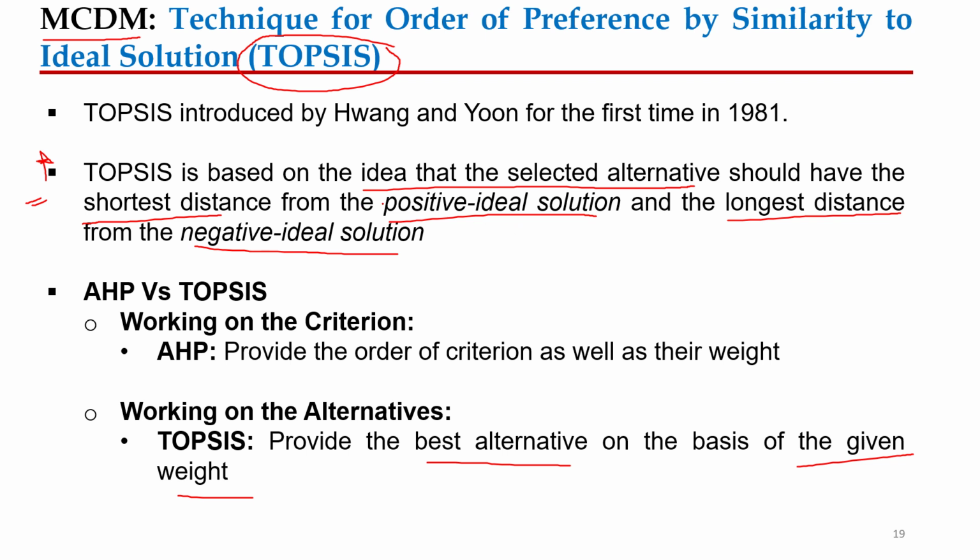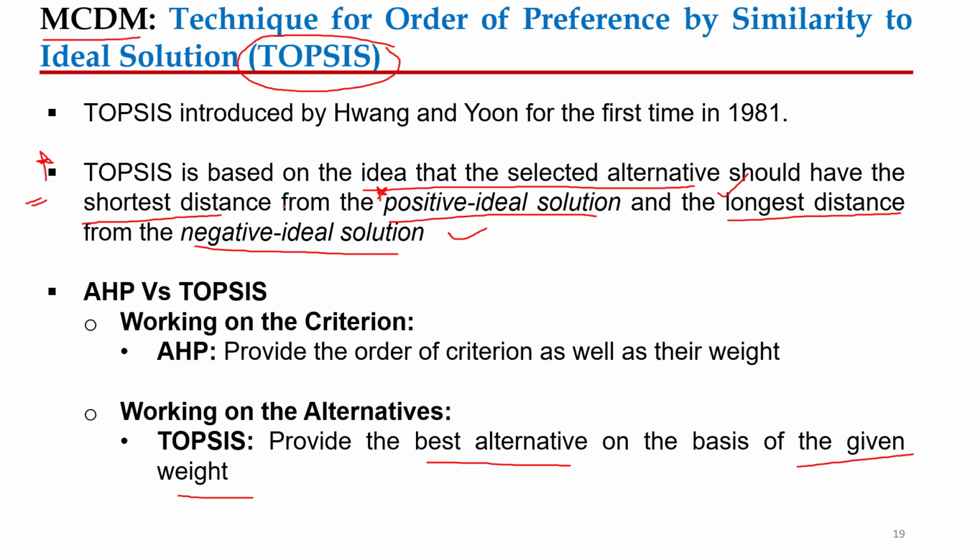So what we are going to do is calculate the ideal solution in the best perspective, or positive ideal solution, and the negative ideal solution, and then calculate the distances. As the definition says, the largest distance from the negative ideal solution, or the shortest distance from the positive ideal solution, is going to be the best alternative with respect to TOPSIS.